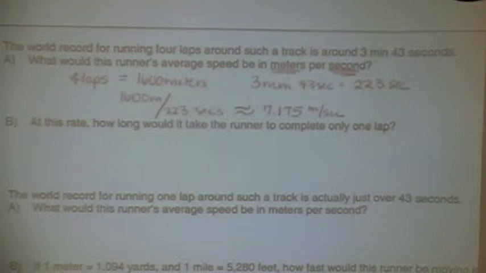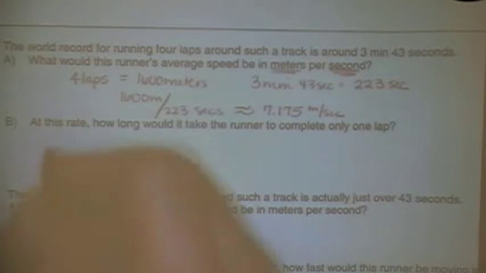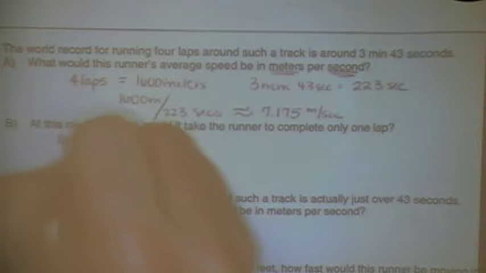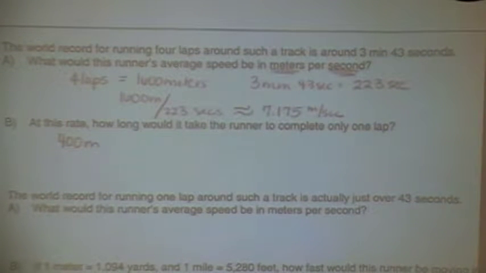So what do I need to do in this case? How much is 1 lap? 400 meters. How long is it going to take me to complete 400 meters?